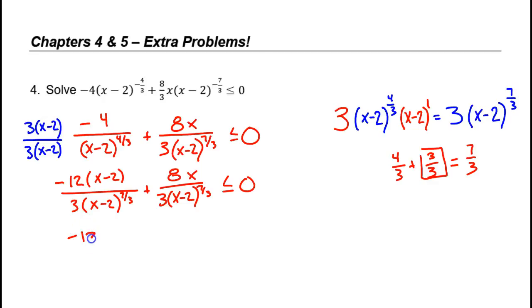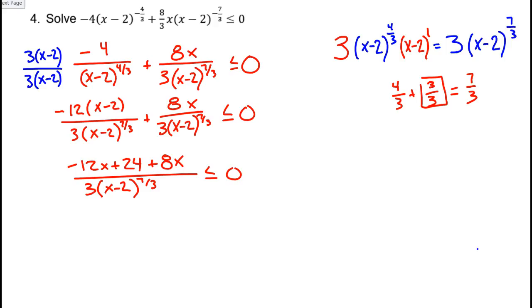That gives me negative 12x plus 24 plus 8x over my denominator of 3 times quantity (x minus 2) to the 7/3. There are some like terms I can combine in my numerator to get negative 4x plus 24 divided by 3 times (x minus 2) to the 7/3.